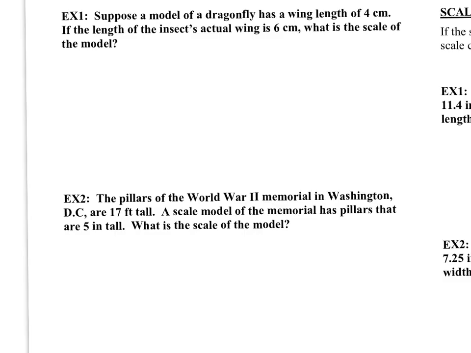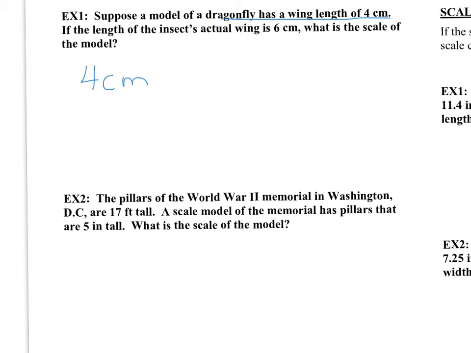Now let's go ahead and turn our notes over to the backside. In example 1, suppose a model of a dragonfly has a wing length of 4 centimeters. If the length of the insect's actual wing is 6 centimeters, what is the scale of the model? So in this case, we have our dragonfly that has the scale factor, or scale, of 4 centimeters.